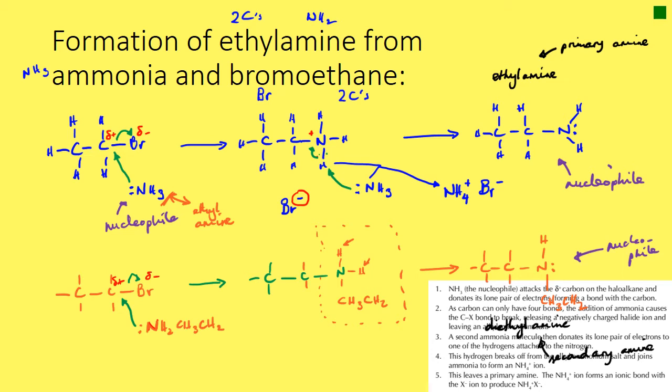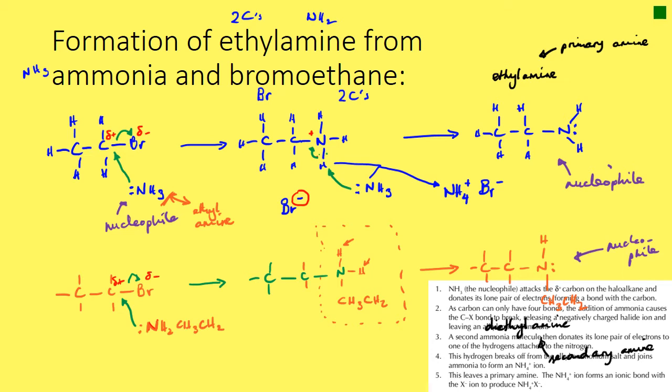So that's the nucleophile. But as it happens, if we look at our ethylamine, so let's just label this ethylamine just to be clear. That's the amine that we've produced in this reaction, but this amine group on the ethylamine has a lone pair of electrons as well, doesn't it?